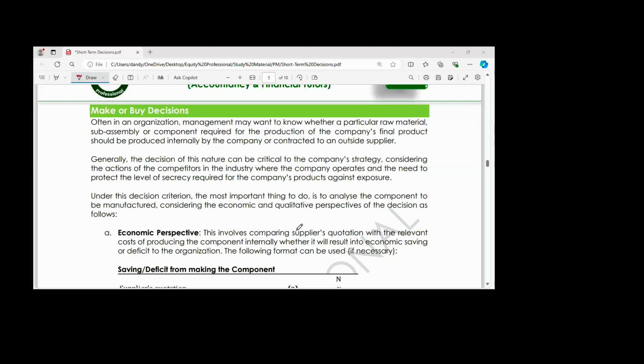The decision to contract to an outside supplier or to outsource can be said to be critical and at the same time strategic to the organization, especially if the company is operating in an environment where competition is highly stiff.